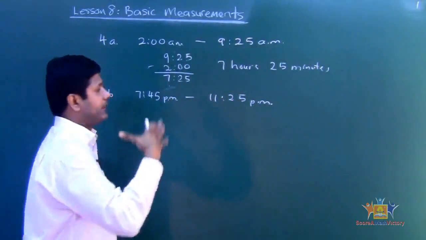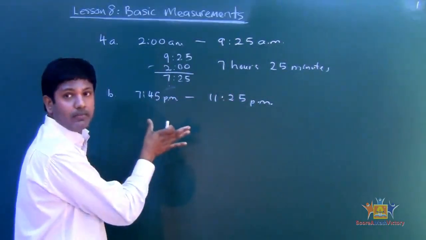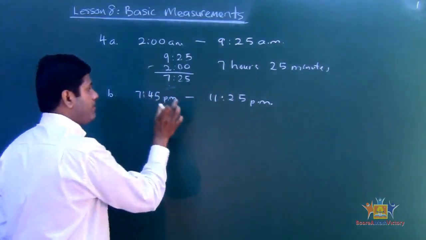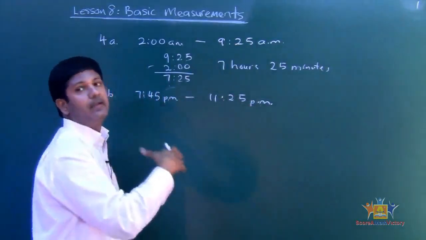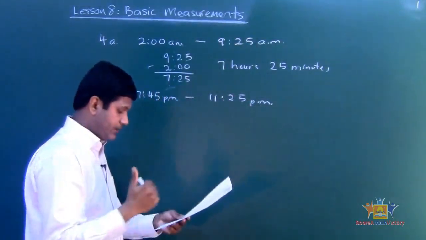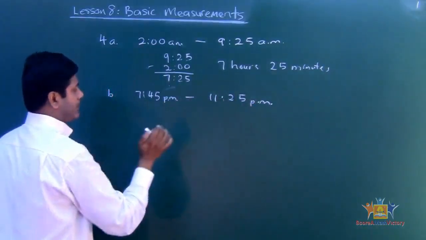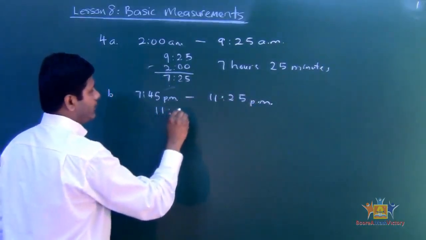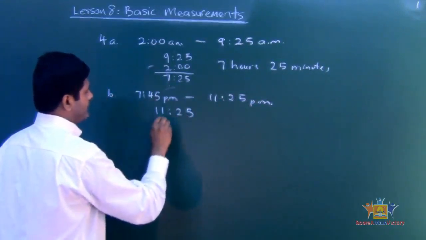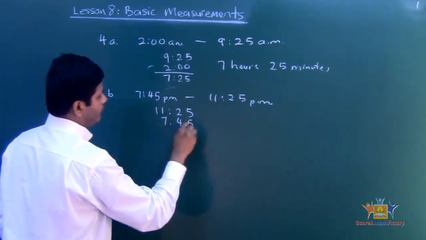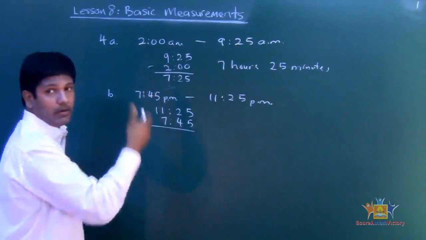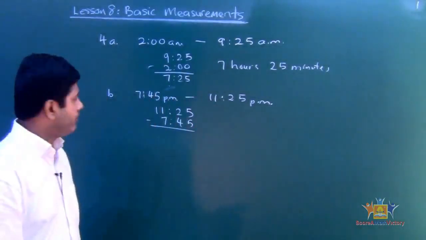That means I can take the big number, subtract with the small number. See that? If this is AM and this is PM, it's a different story, okay? Which we have as the next problem. But now both are PM, PM. So I take the big number, which is 11:25. I'm subtracting that with 7:45. Very important. Lining them up, alright? Lining them up right is very important, okay?